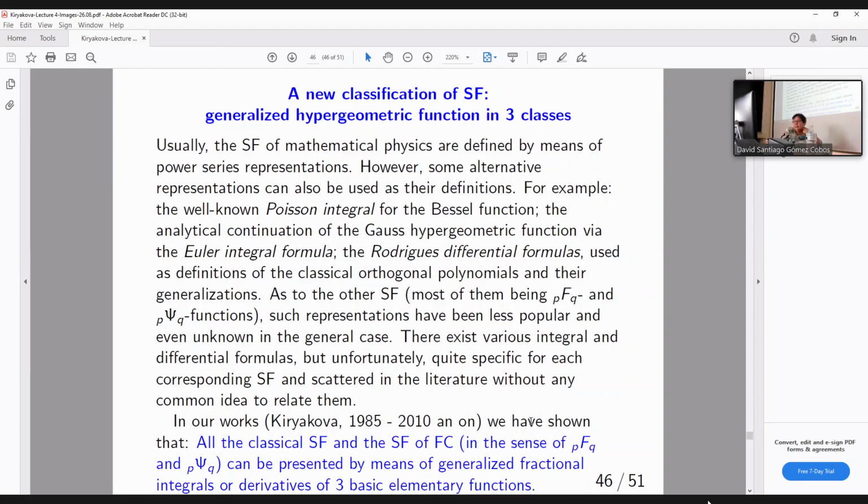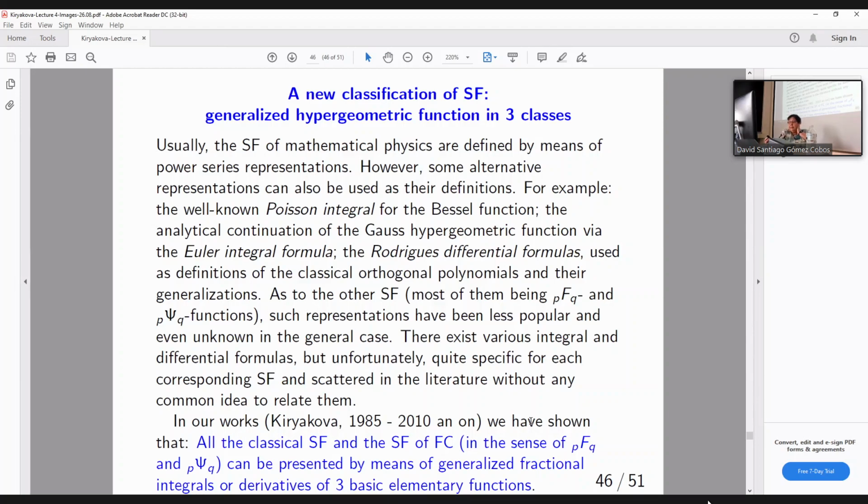In our works, even some rather older ones, we have shown, there is a paper in 1985, say, whose title is All the Classical Functions, that classical special functions are special integrals or derivatives of three kinds of elementary functions.